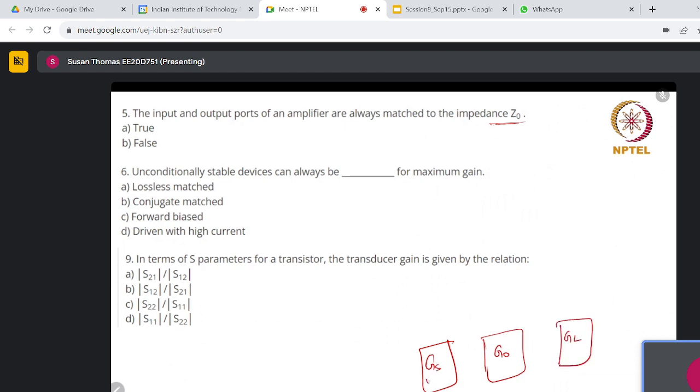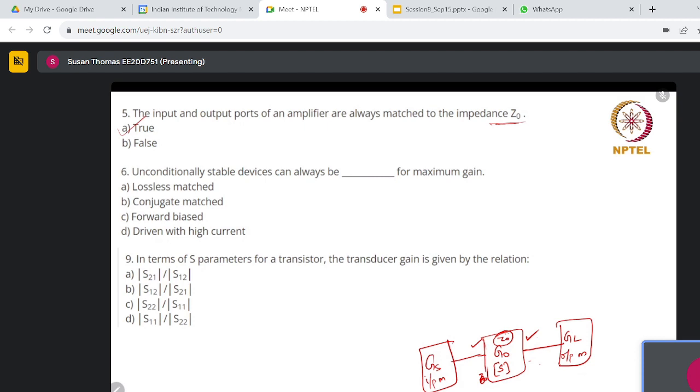This is the input matching network, this is the output matching network, and this was the transistor. If you remember, it was represented by this S matrix and it was written with Z0. Why was it written as Z0? It states that the input port and the output port are matched to Z0. So this is a true statement, as you all said.